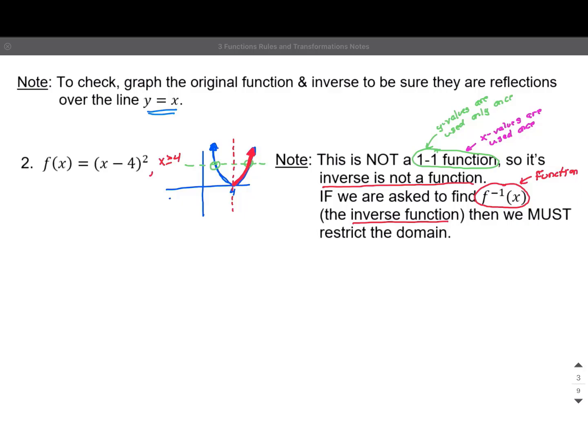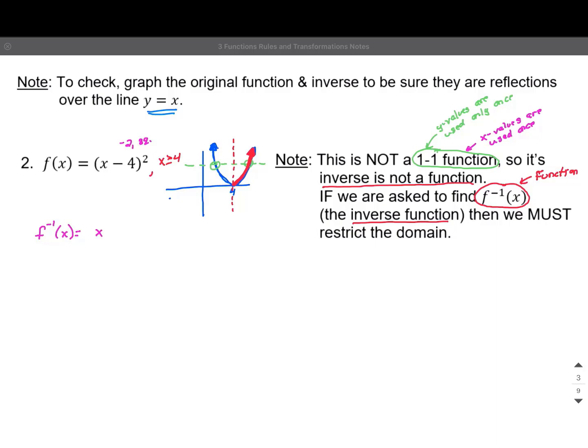Now we can do those little tricks we learned, right? If we were to plug in 10, say for x, first thing we would do is subtract 4, and then we would square it. And I'm doing the 4H method. So f inverse of x, and I start with x. Opposite operations in the opposite order.